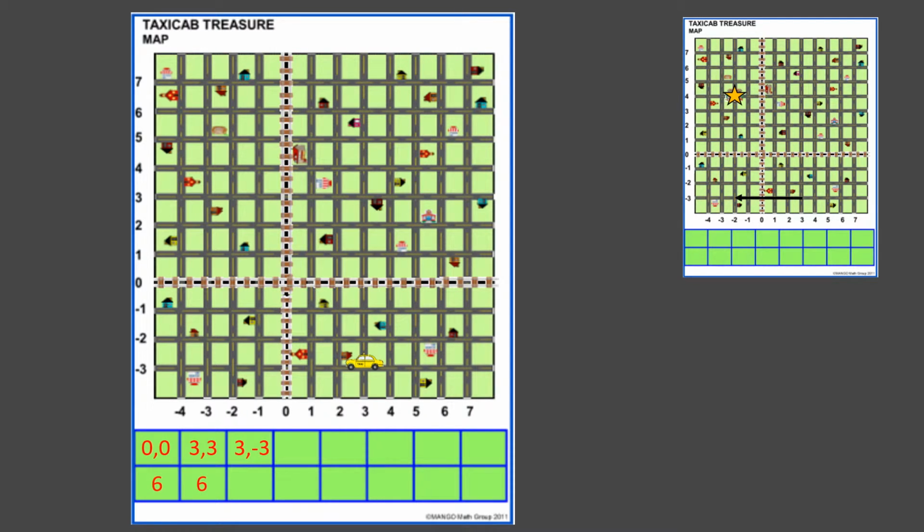I am now over 3, 4, 5, over 5, and up 7. So I'm actually now 12 blocks away. So I've gotten farther away. So now the next person's turn, and they get to guess where the treasure is located, off the information given.